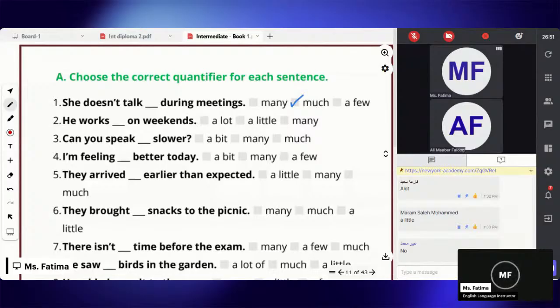Yes, he works a lot on weekends, or he works a little, because we are talking about the work. Yes. Sorry, maybe from his part. No problem. Okay, Mr. Ali, number three, please. Can you read it for us?